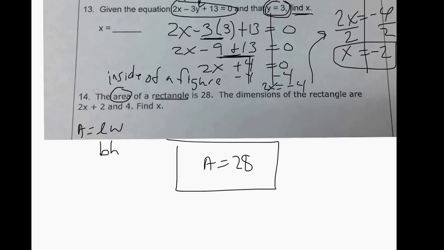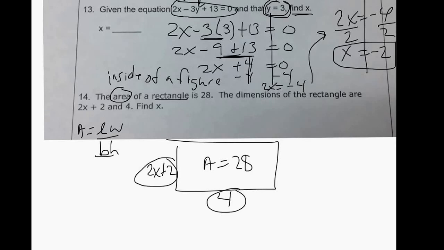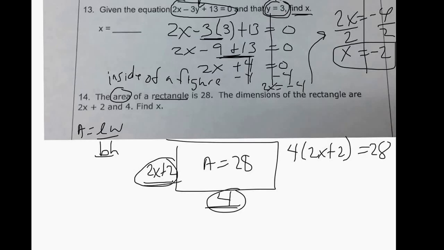The dimensions of the rectangle are 2x plus 2 and 4. Well, in either one of these formulas, all it is is multiplication of these two things. So when I set this up, I do 4 times 2x plus 2 equals 28, because this is just base times height, or length times width.